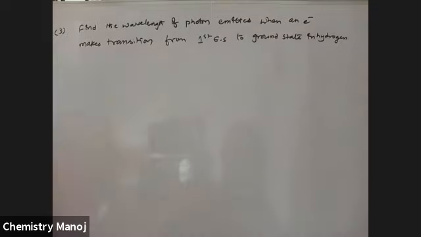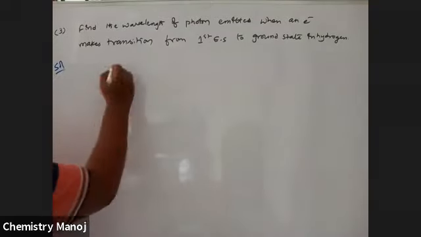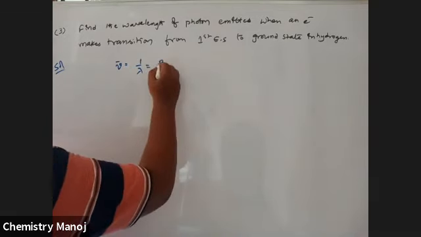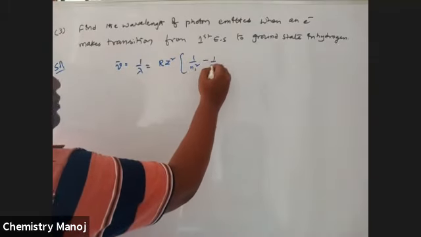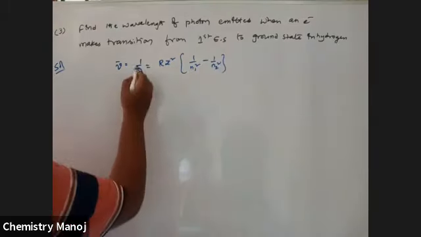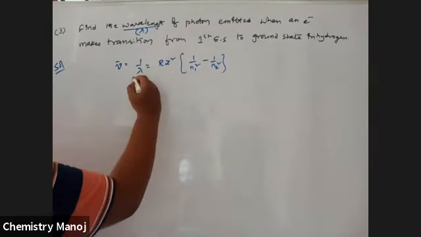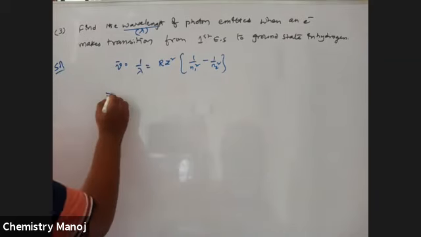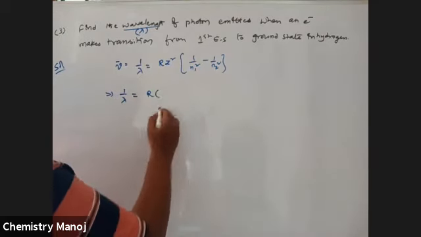So by using the formula, here is the solution. Nu bar is equal to 1 by lambda is equal to R Z square into 1 by N1 square minus 1 by N2 square. You want to calculate lambda, the wavelength. So 1 by lambda is equal to R into Z square.